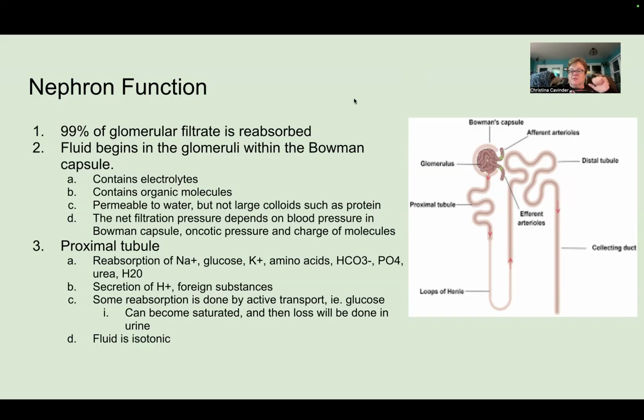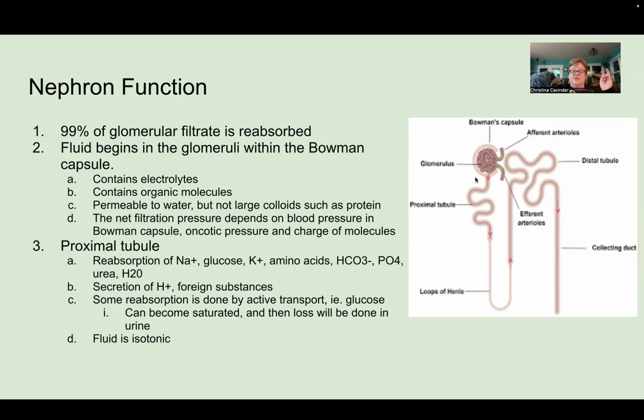Fluid begins again in the glomerulus, or the glomeruli, right in here in the Bowman capsule. It has electrolytes. It has organic molecules. It is permeable to water, but not large colloids like proteins. So large things cannot make it through, like again, red blood cells and white blood cells.